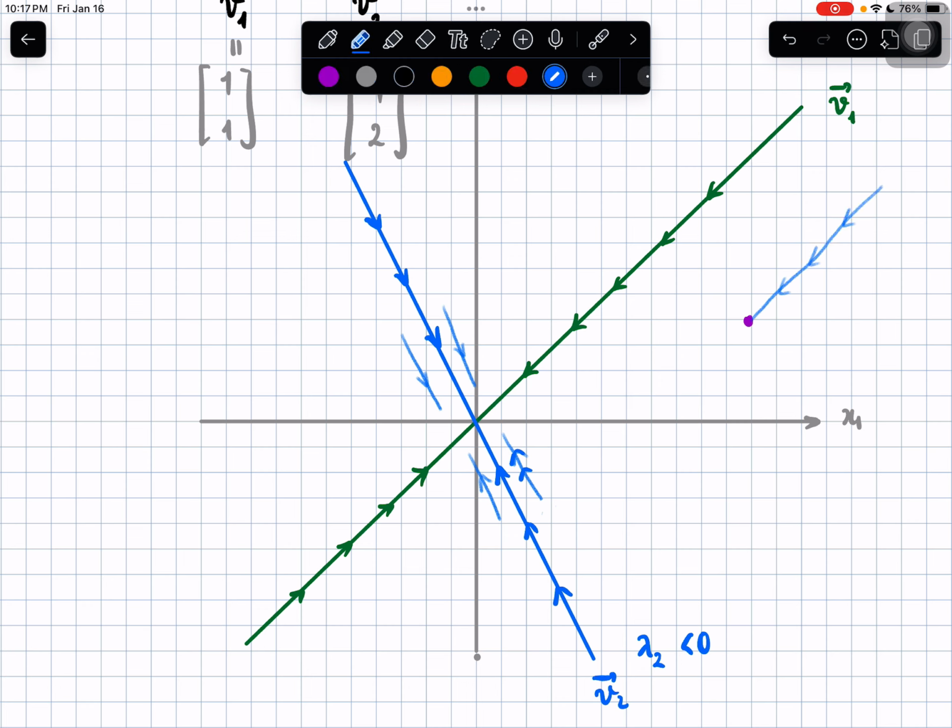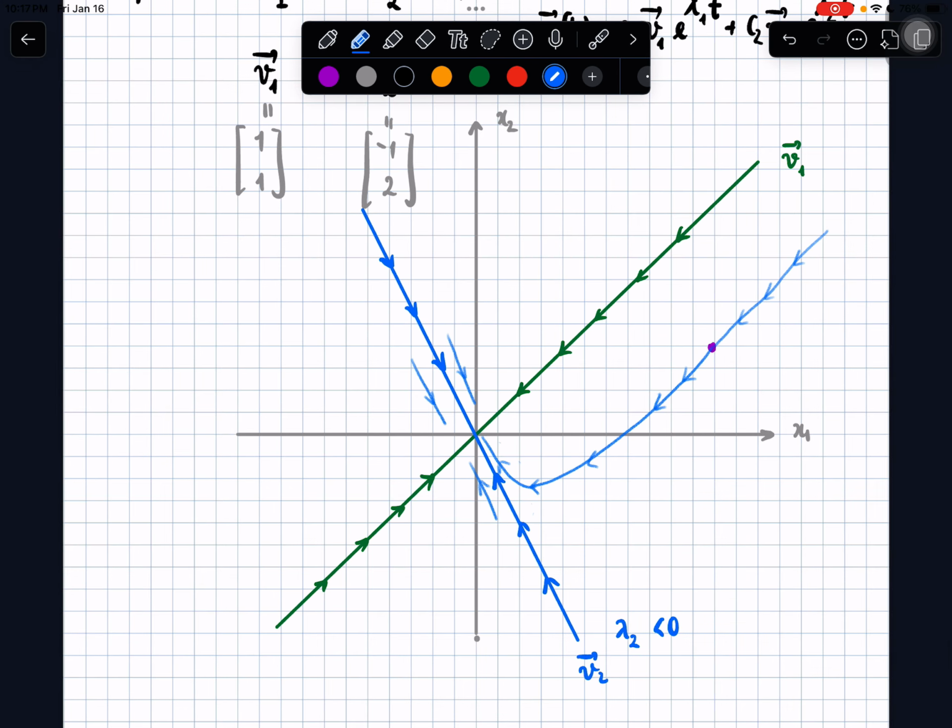Now we just join them. So the curve should look like this. And you do the same, you have a few other solutions.